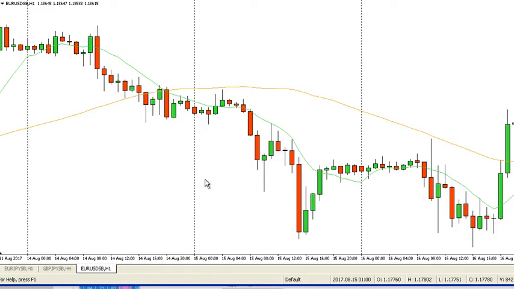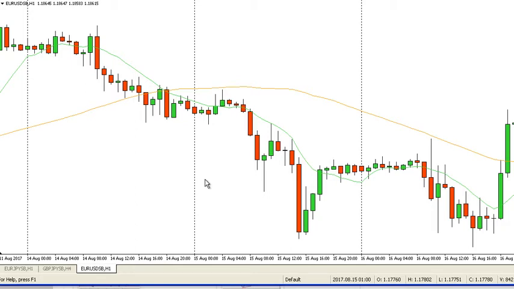So nothing new here at all. I just think stressing on the exit and a little less stressing on filtering the entries, and the setup, the trend identifier, is probably the good stuff that you want to be focusing on.